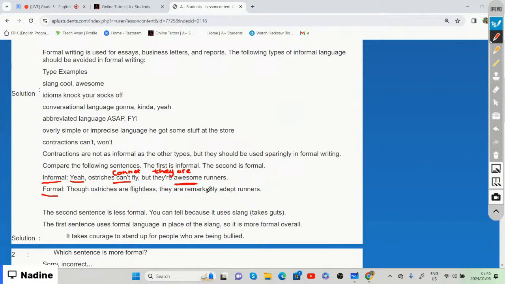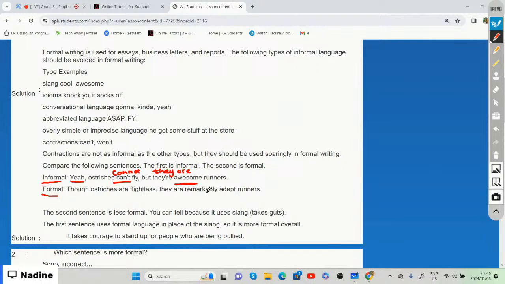And once again, formal writing is used for essays, for business letters and reports. And that is why they did not bring up letters, because you get a formal letter and you get an informal letter. Your formal letters are usually your business letters, right? Or reports. But your informal letters would maybe be like a letter to a friend, a friendly letter to a friend or family member.